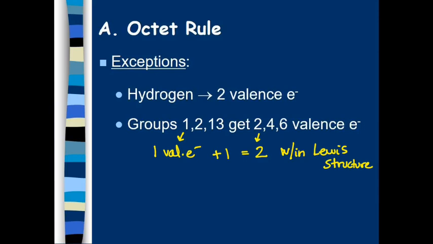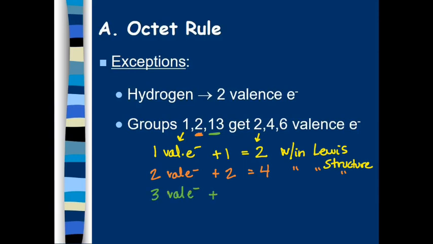If the element is in group 2, well, group 2 has 2 valence electrons. And guess what? Those 2 can share with 2 others. So 2 plus 2 is 4. And again, that's within the Lewis structure. And group 13 has 3 valence electrons.